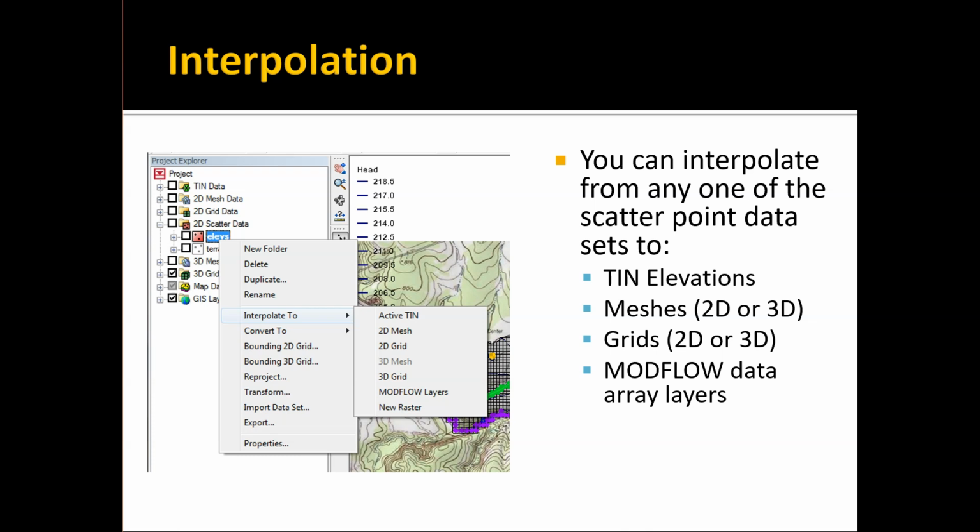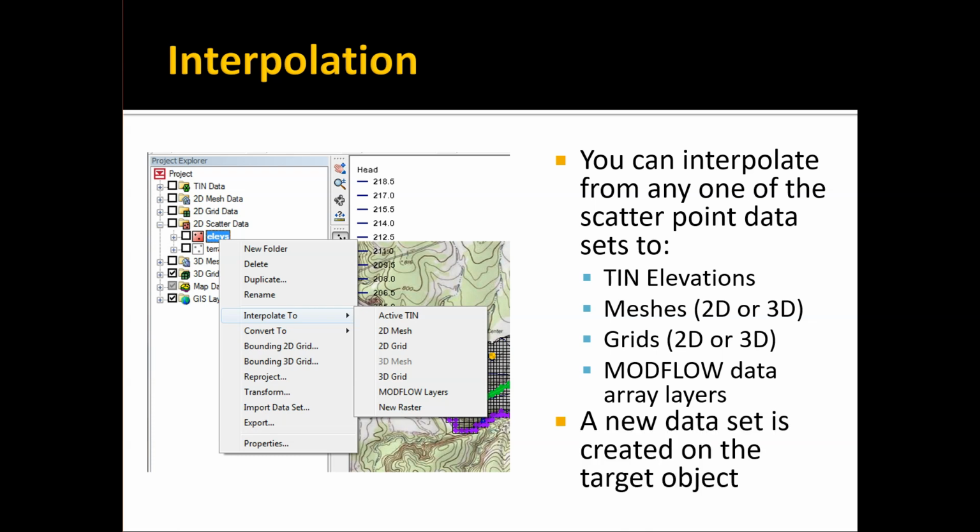But typically, in the context of what we're talking about, you want to select Interpolate to MODFLOW layers. There's also a way to get at this through an Interpolate menu in the 2D scatter point module. You can do it that way as well.